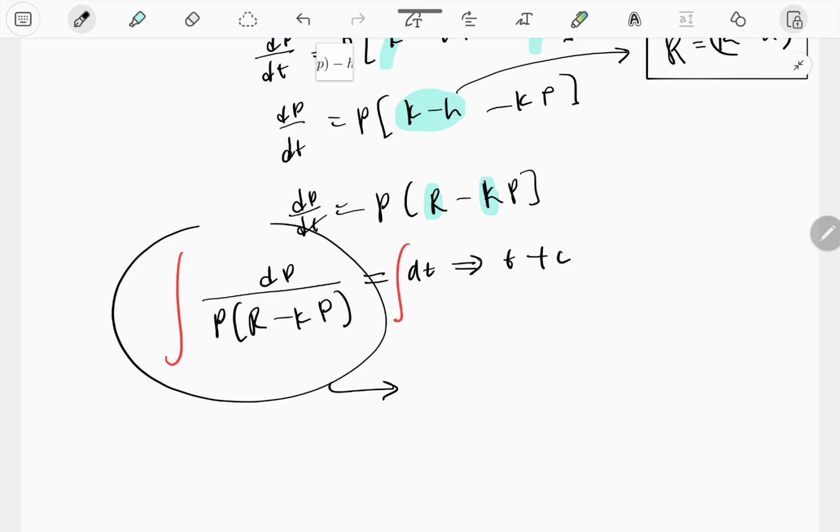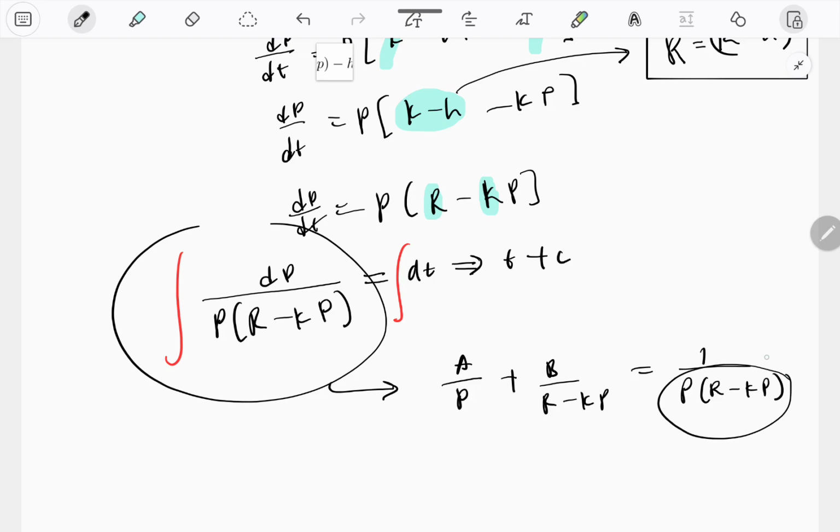The way to look, I think I should take advantage of partial fractions. A over p plus B over (R minus kp), right? Saying this thing should equal 1 over p times (R minus kp), right?